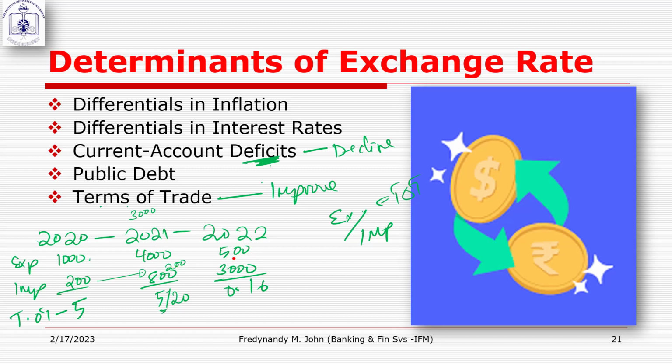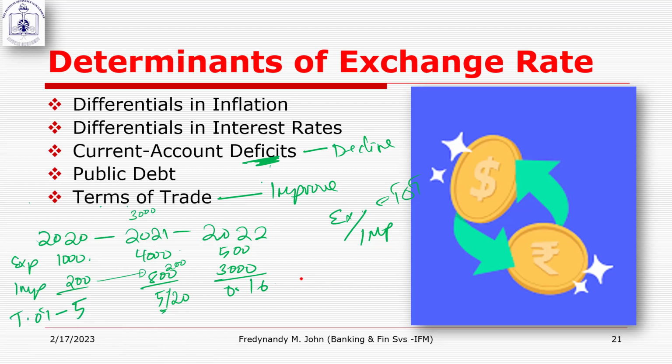And here, in the year 2022, the value of export swiftly declined, while that of imports increased to the extent that the TOT was seriously damaged, deteriorated to 0.16.